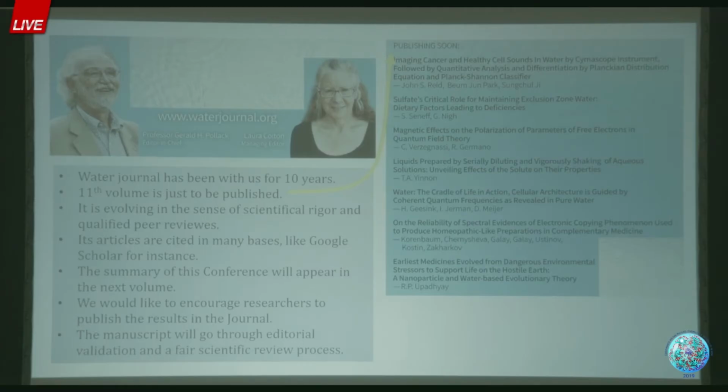The journal is evolving in the sense of scientific rigor and qualified peer reviews, but at the same time, it retains its openness, open-mindedness, to new discoveries, to new research, to the unconventional science. The articles are cited in many databases, like Google Scholar, for instance.